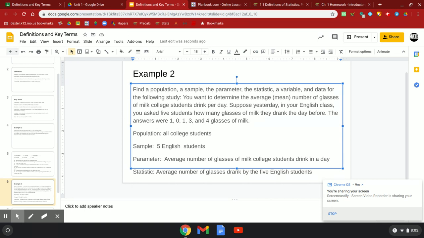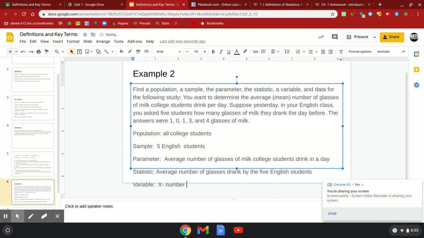All right. Okay, now where are we at now? Variable. Like I said, they're going to do something weird, like say assign it to X, and then I don't really care about seeing the X. If you want to put it in there, it'll kind of follow with what the book's going to do and some of the answers that you'll see on your practice problems. But for the variable in this case, it's going to be how many glasses of milk just one English student drank.